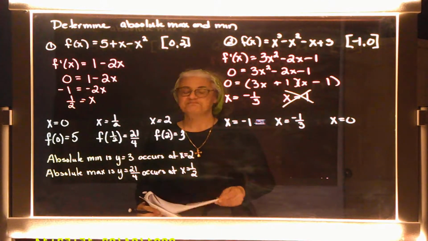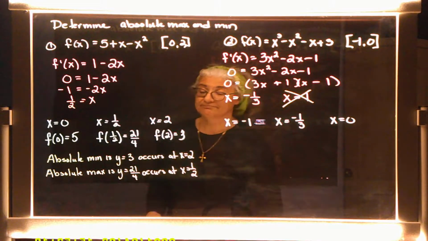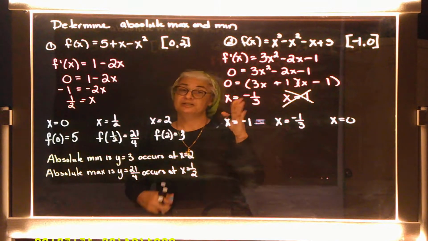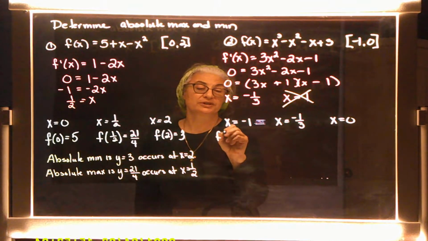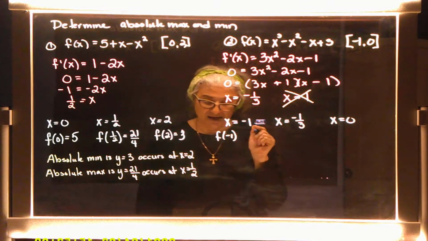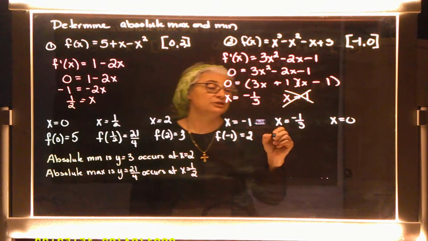Got it? All right. Now again, you have to find the y values, and I'm not going to insult your intelligence because you can plug these numbers into that function as well as I can. For the negative 1, I got a value of 2.